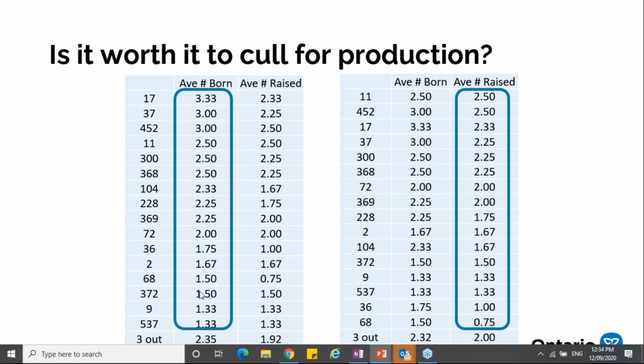These ones having 1.33 are at the bottom, and these ones having over 3 are at the top. So all of a sudden I've got a good idea of how these animals look for number born. I can do the same thing by number raised. Right here, I've got a range of 2.5 raised right down to only 3/4 of a lamb raised on average. That just makes it much easier to look at.